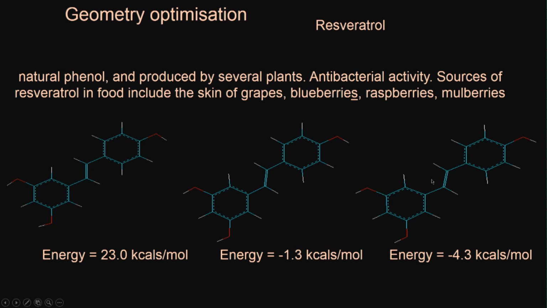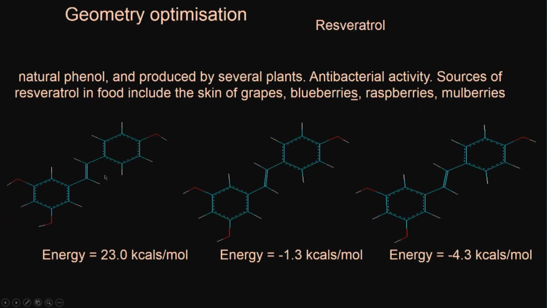The energies can change dramatically. This one has minus 1.3, this has minus 4.3. So, energies can be dramatically different with a small change in the way these 2 benzene rings orient with respect to the double bond.